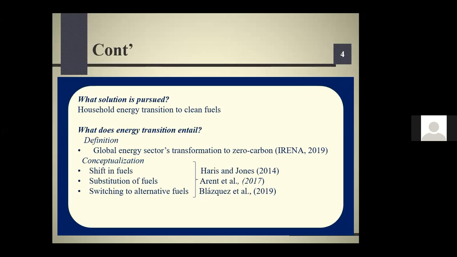When you read the recent works of Blakes and his colleagues, they say energy transition is about switching to alternative fuels. But in the end, if you look at all these conceptualizations, there is at least a change from one fuel to another. Whether we are talking about a shift, substitution, or switching, we are really talking about moving from one fuel source to another and the associated technologies. So this gives us a picture of what energy transition is all about.